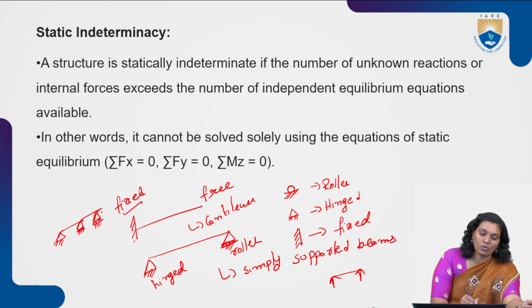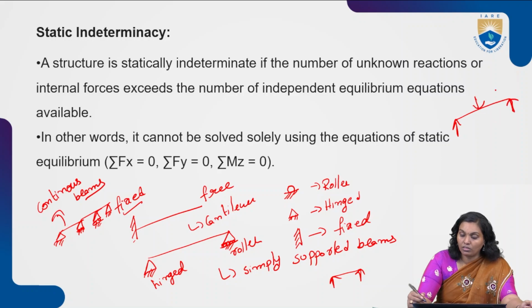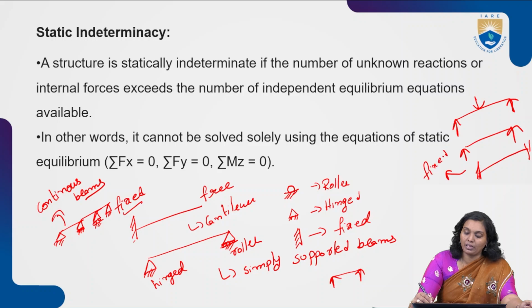Beams with two or more supports are known as continuous beams. With any type of loading condition, if one end is fixed or both ends are fixed, such beams are known as fixed beams.